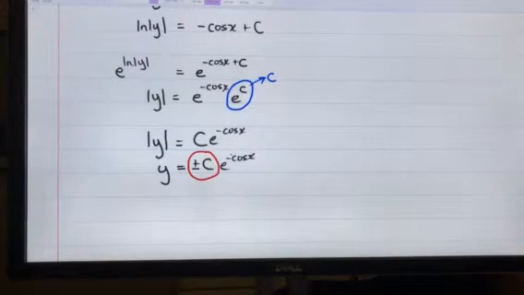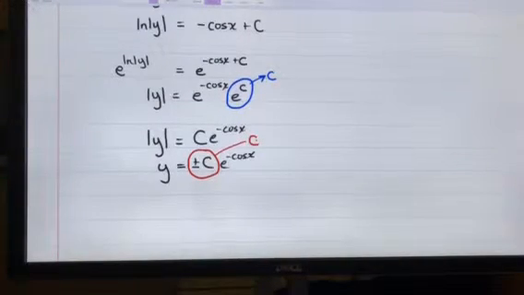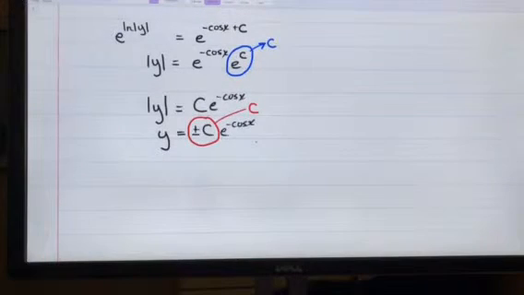And again, regardless of whether it is positive or negative, a positive or negative constant is still going to be a constant. So for the final solution, we have for y, once again, c times e to the negative cosine of x.